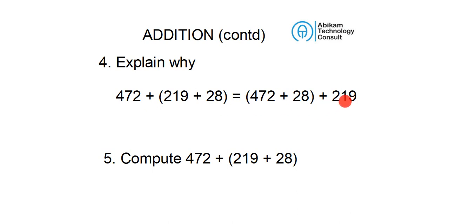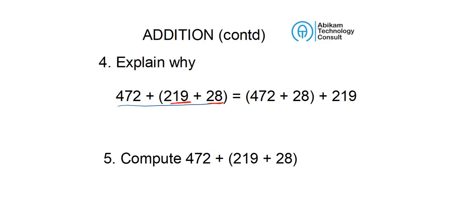But let's see, can we combine commutativity with associativity? Don't forget, commutativity is when you flip. Now, let's start from the left hand side here. If we flip the one in the parentheses, always remember we start with the parentheses. So let's flip these two numbers.